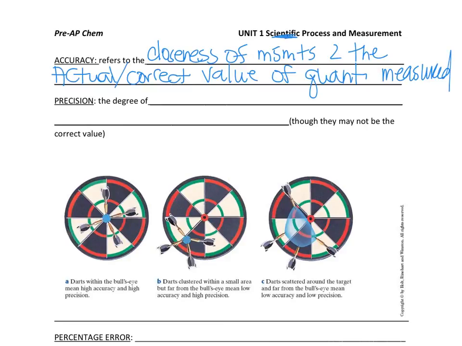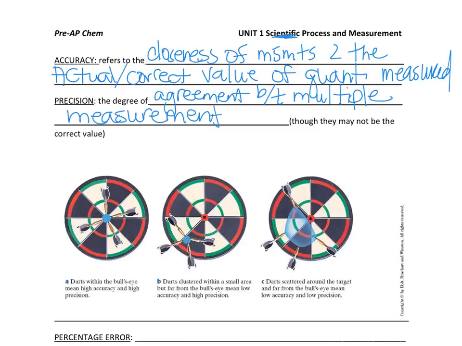Whereas precision is just the degree of agreement between the measurements. So they could be totally wrong, but all be very close and still be precise. However, they would no longer be accurate because, say, for example, your balance was not calibrated or something like that.